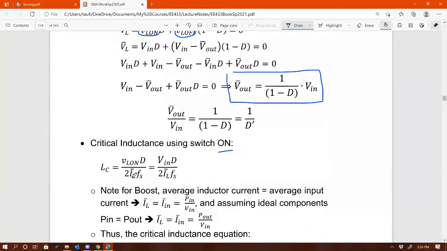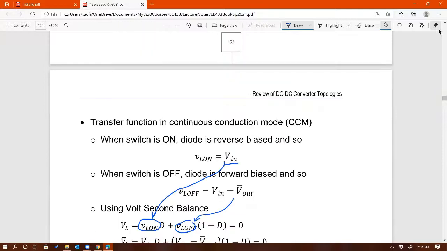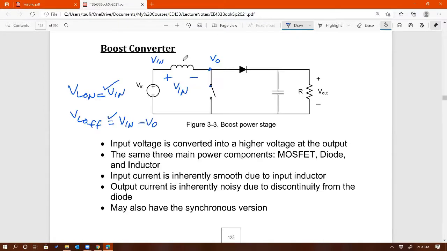IL average is now going to be different. For a boost converter, IL is at the input, whereas in a buck, IL is at the output. So for a boost, IL average must be equal to I in average, and I in average is equal to P in over V in.